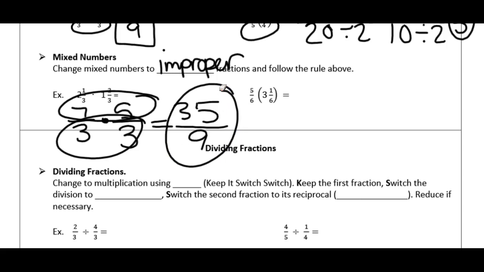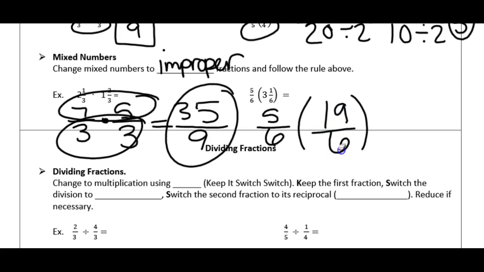The second example, we have one mixed number, so we have to change that one. So 5/6 is fine. We can leave it as 5/6. Times, instead of 3 and 1/6, we're going to change that to an improper fraction. 3 times 6 is 18, plus 1 is 19/6.